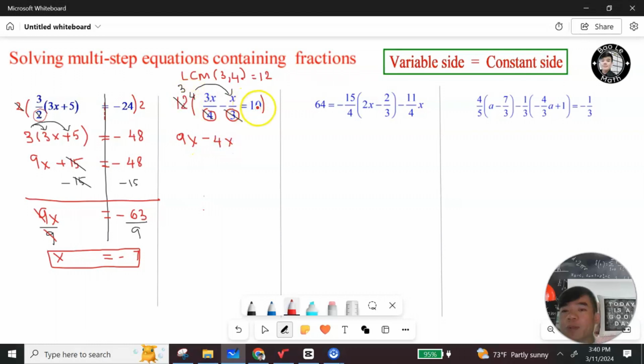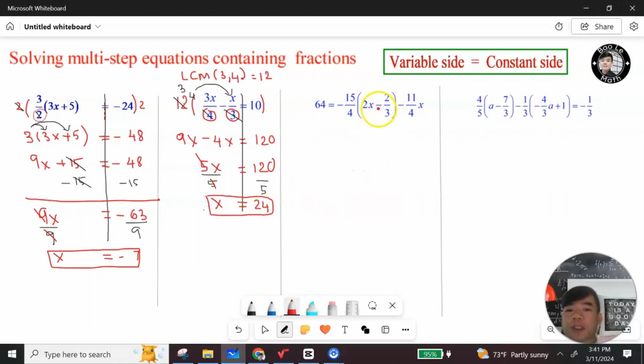Now 12 multiplied by 10 equals 120. 9s minus 4s is 5s equals 120. And this is a one-step equation. Divide both sides by 5. The 5 and 5 cancel out. s equals 24. And that is the answer.